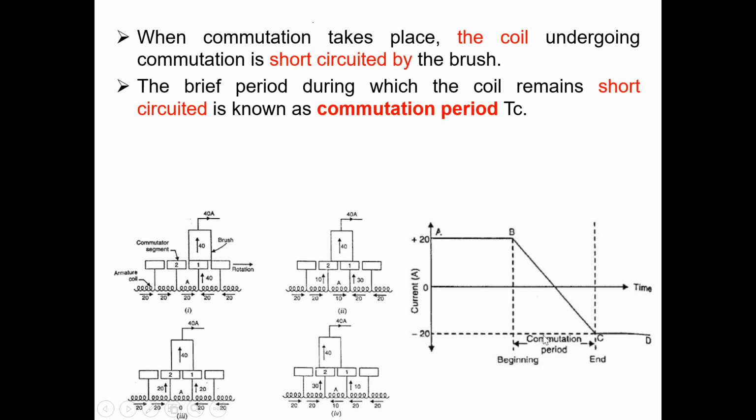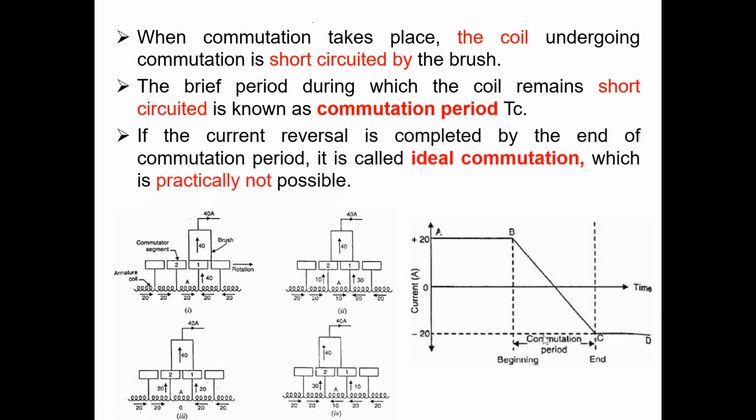If the reversal of current is completed by the end of the commutation period, it is called ideal commutation. That means the total current will be inverted into a negative value within a specific time, before our brush comes in contact with another commutator segment. So this is called ideal commutation.